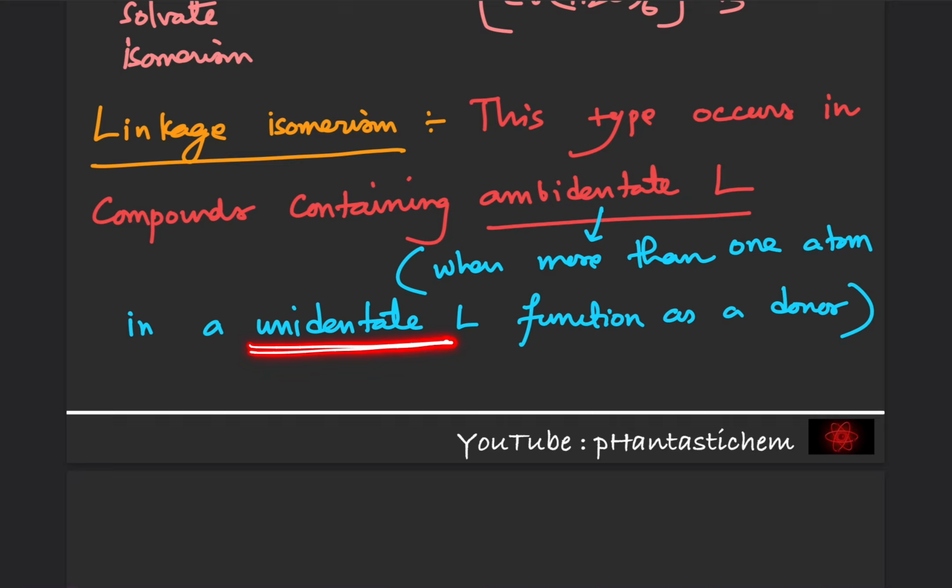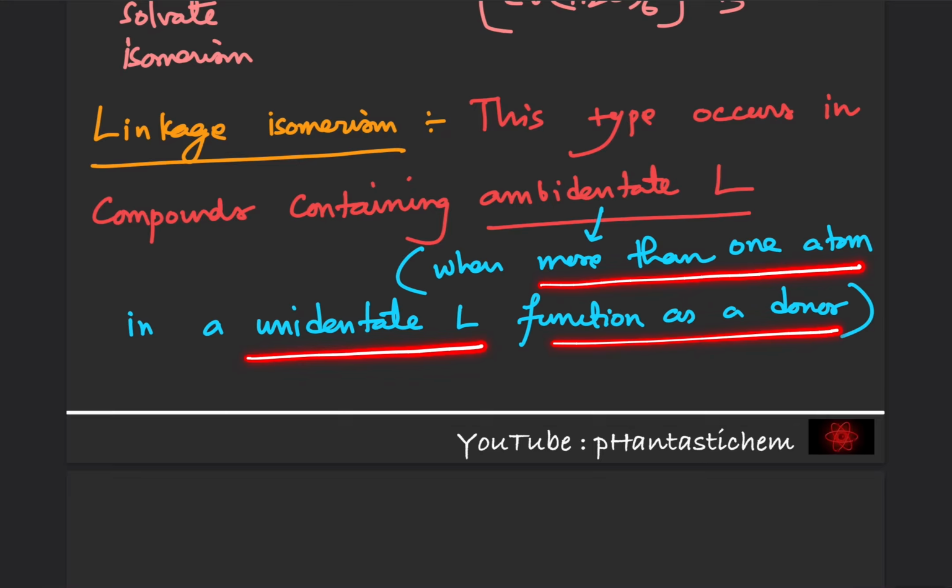By unidentate ligand, obviously it can donate a maximum of one electron pair to the central metal atom. So when you have a unidentate ligand and more than one atom which can function as a donor, then it is known as an ambidentate ligand.